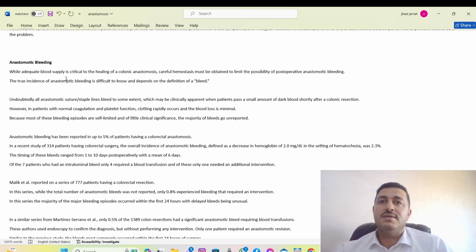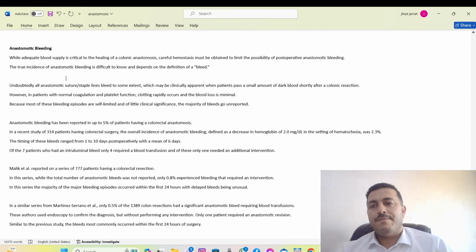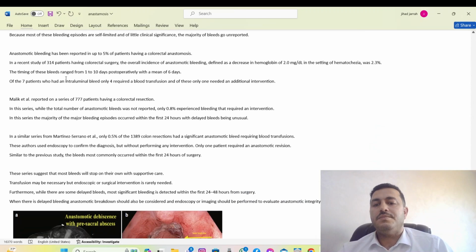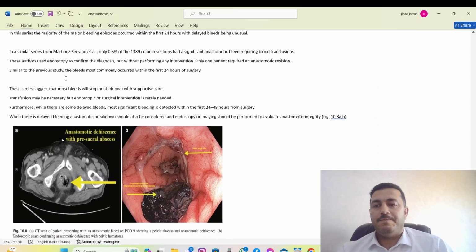Late anastomotic bleeding raises suspicion of disruption of the anastomosis, so we should proceed to endoscopy. Most cases of anastomotic bleeding are unreported because they are self-limited.